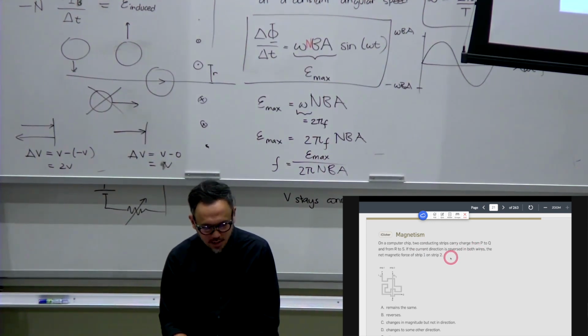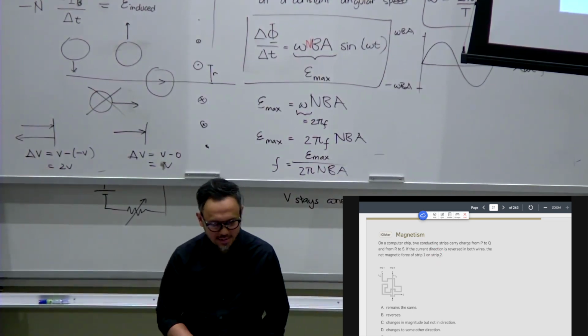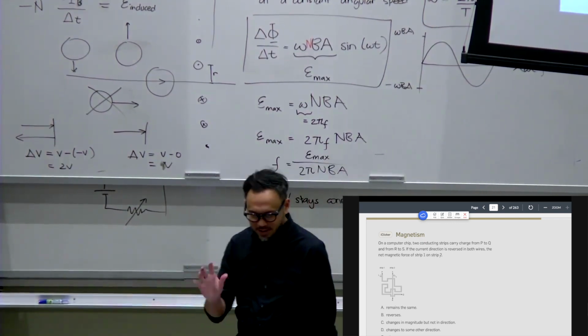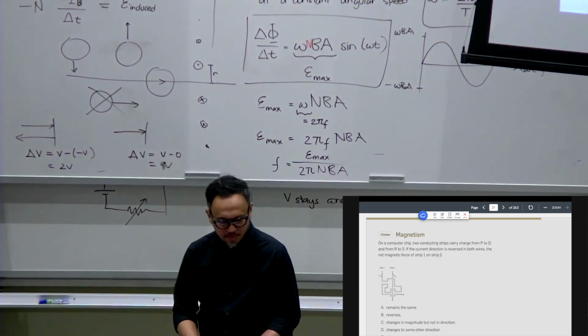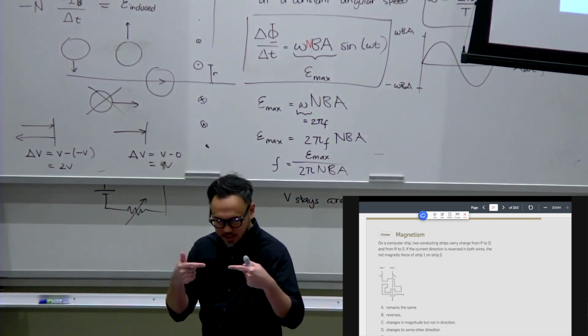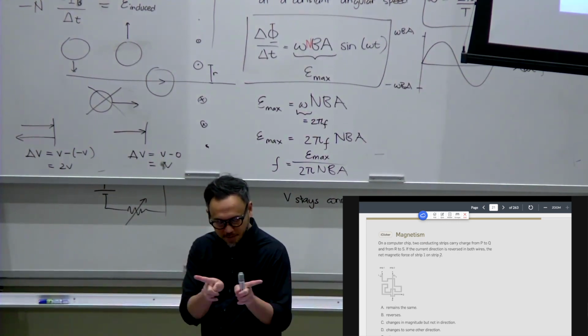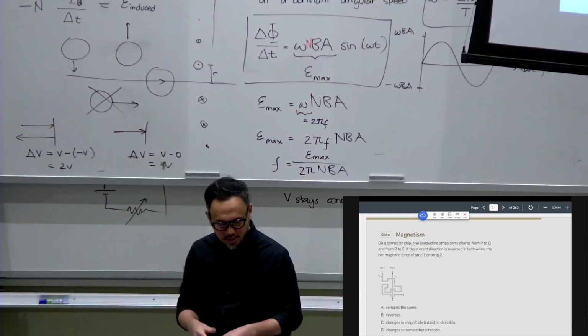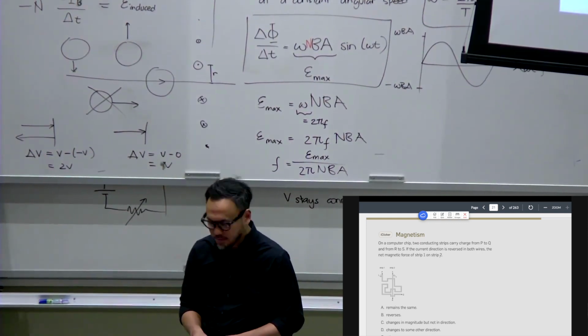If the current direction is reversed in both wires, the net magnetic force of strip 1 on strip 2 is, so you need to use the right-hand rule in many orientations, of course. And then basically, if the fields point towards each other, you get repulsion. If the fields point in the same direction, then you get attraction.